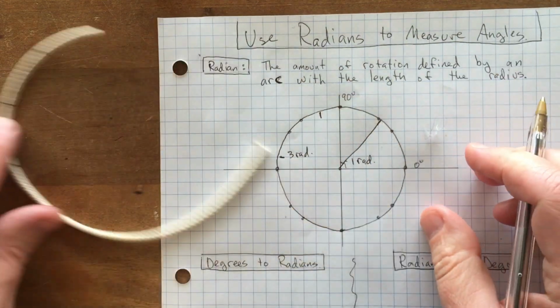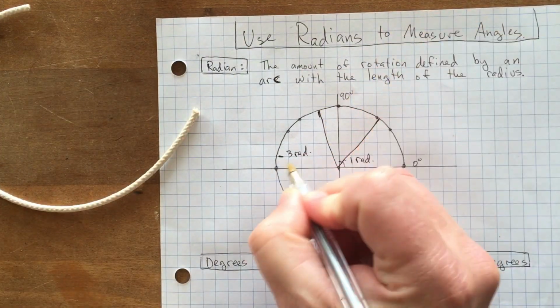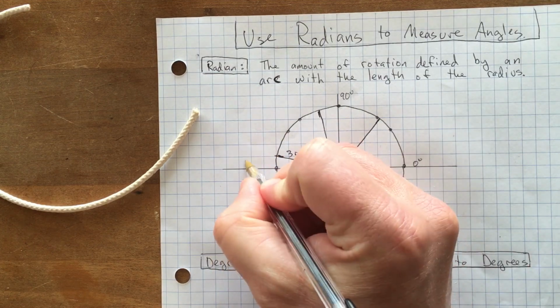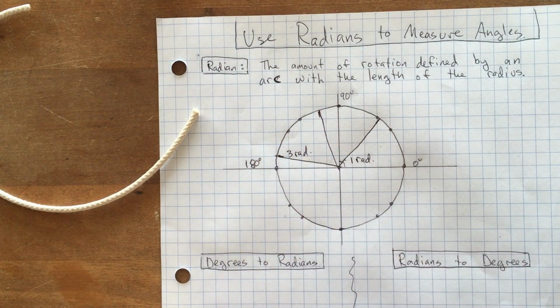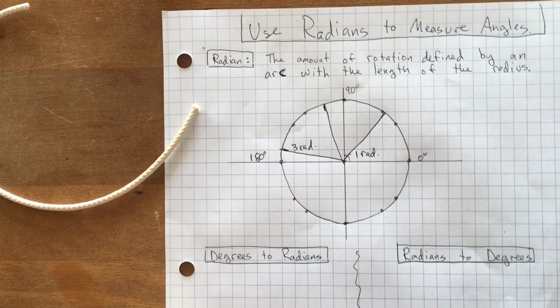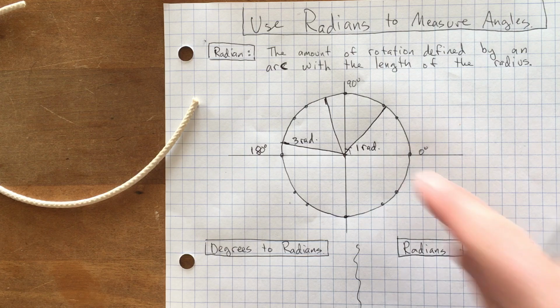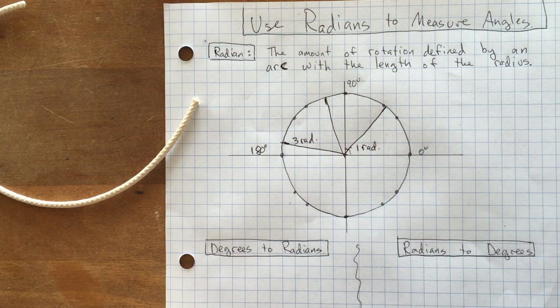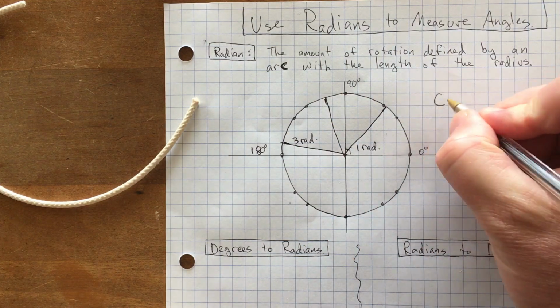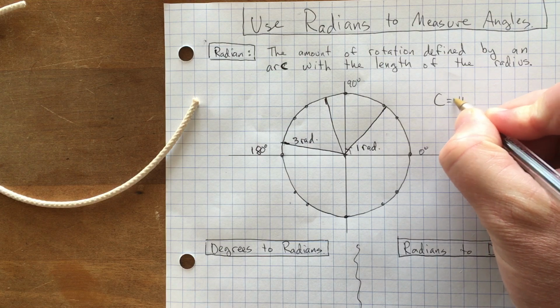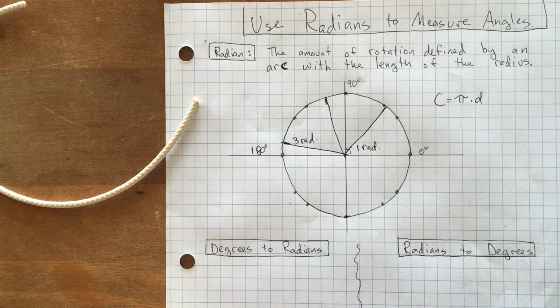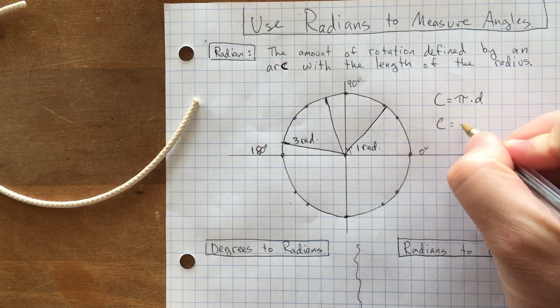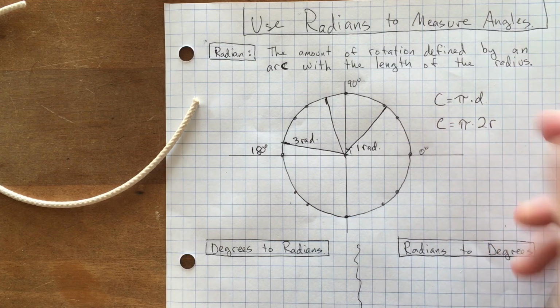If you stop and think about that, here's 2 radians, here's 3 radians. If I asked you what was 180 degrees, you might say it's just a little bit more than 3 radians. Think about that for a second. Remember that the circumference is pi times the diameter, which would be pi times 2 radii.